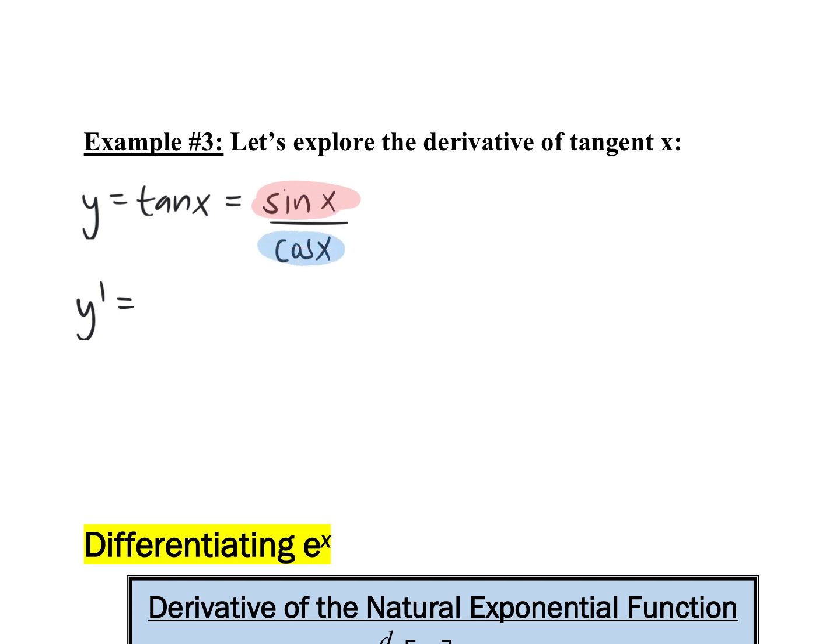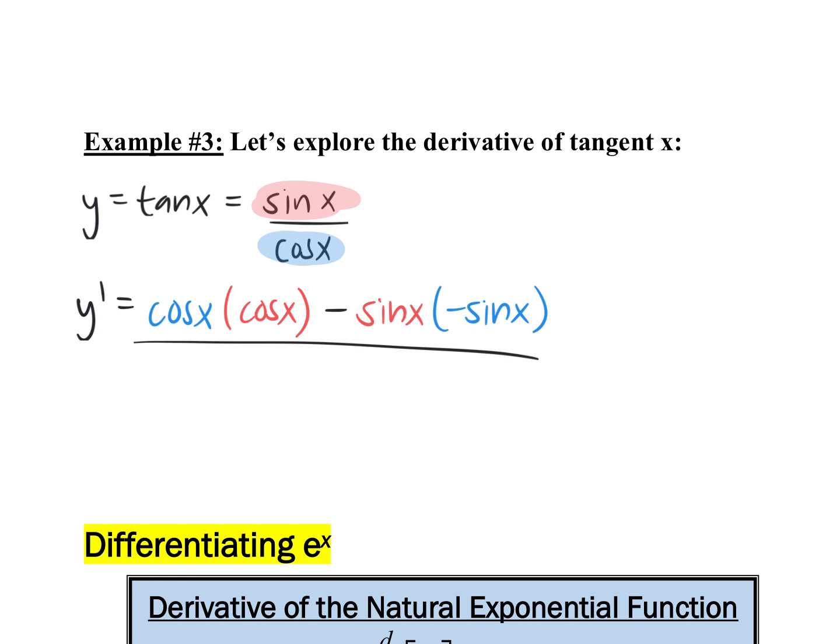The derivative of the top. What's the derivative of sine? Cosine of x. Minus high, which is sine of x, times the derivative of the denominator, which is negative sine of x. And that is all divided by cosine of x squared.